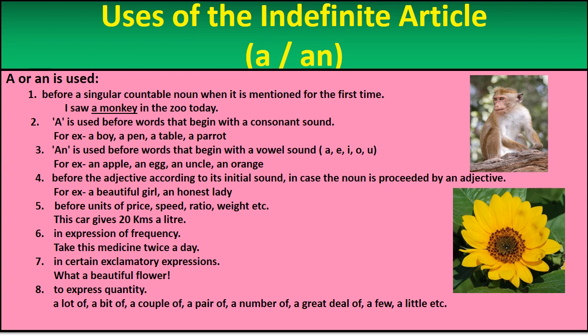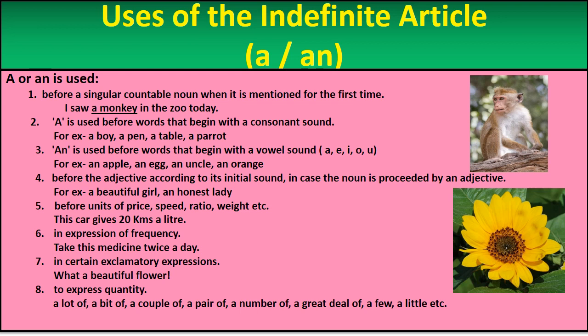Number 3, an is used before words that begin with a vowel sound. A, E, I, O, U. So students, here you must remember we use an before the sounds A, E, I, O. But when we talk about the U, there the sound is Y sound.